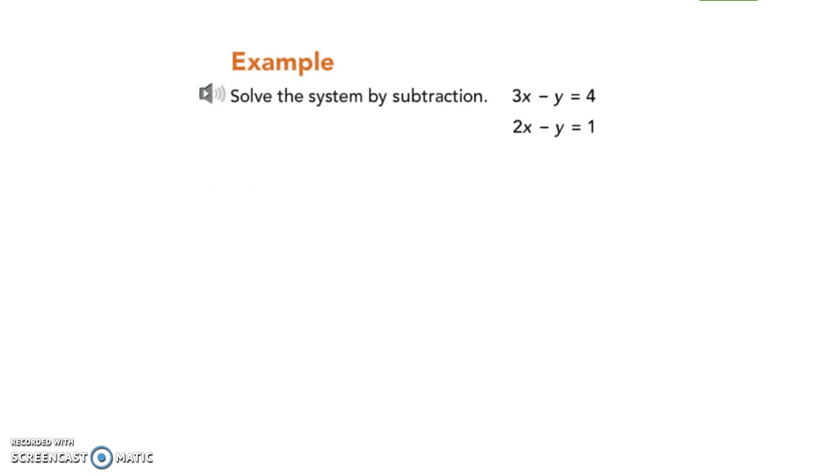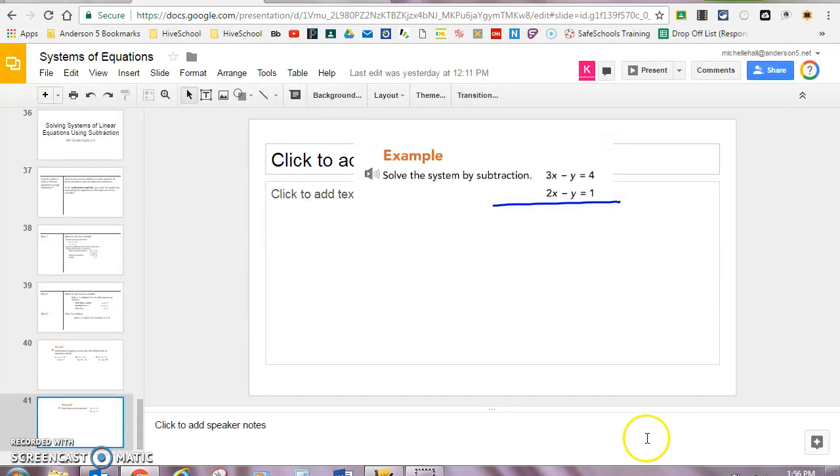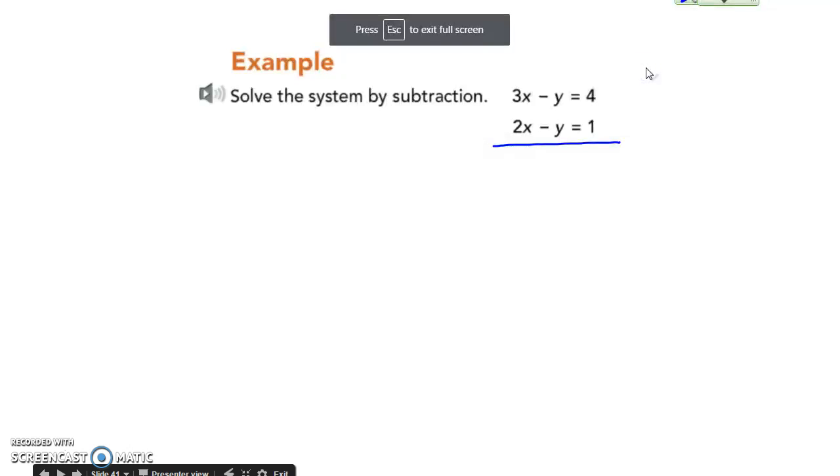So, I see that I have minus y and minus y in both equations. What I'm going to do is subtract the second equation. So I'm going to change the sign of each of the parts of that second equation. Why would I want to do that?